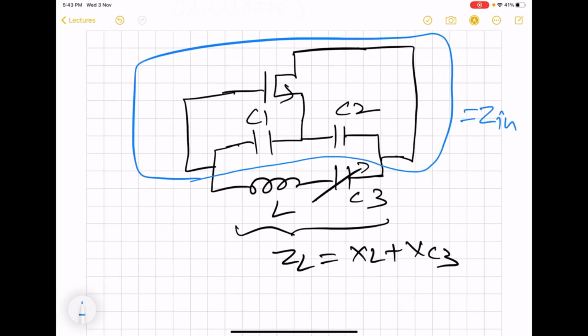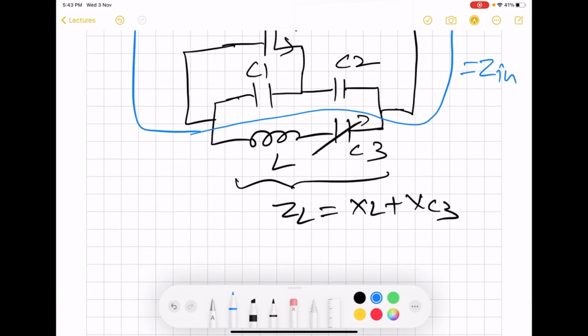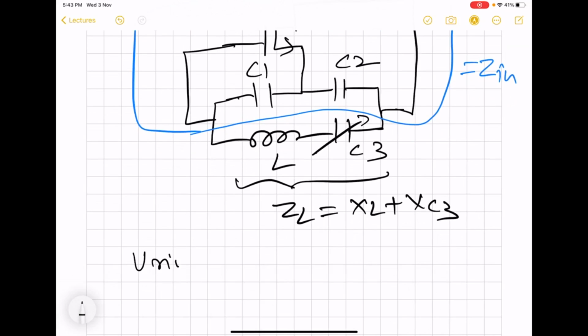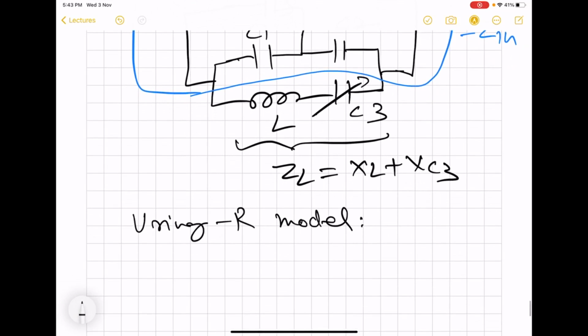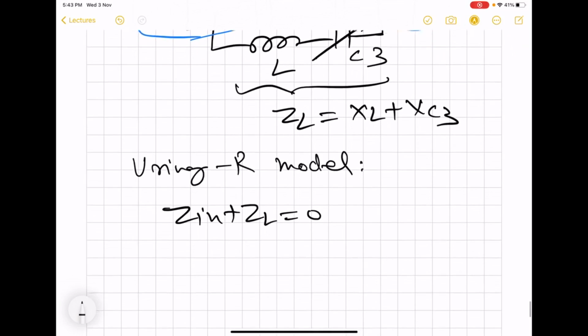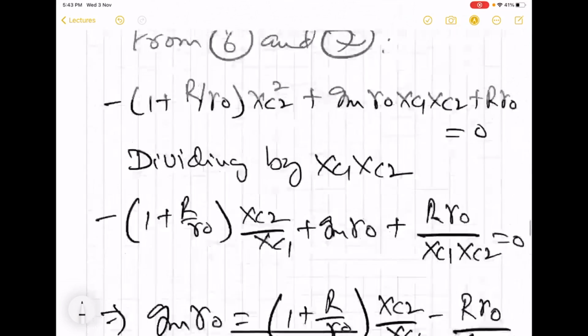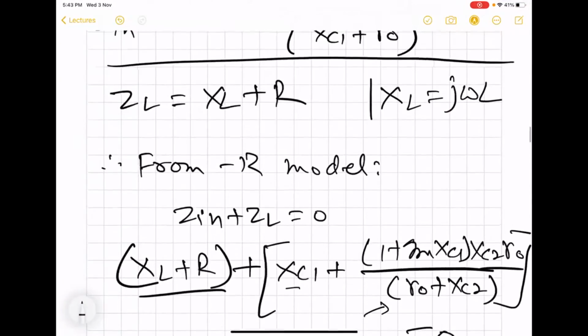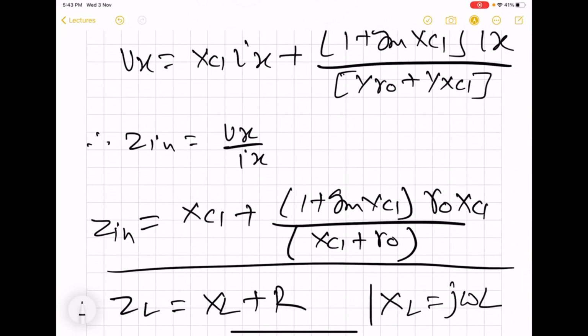So Zin remains the same. Using the negative resistance model, we still have Zin plus ZL equal to 0. We can substitute the Zin that we had obtained in this equation, call it equation 8.